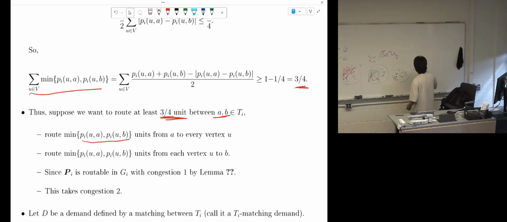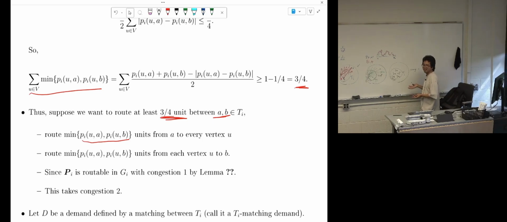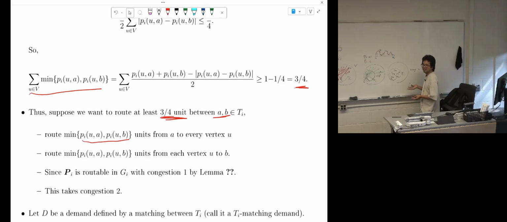If you want to route 1 for each of these, not just 3/4, what's the congestion now? 8/3. Just multiply this by 4/3.